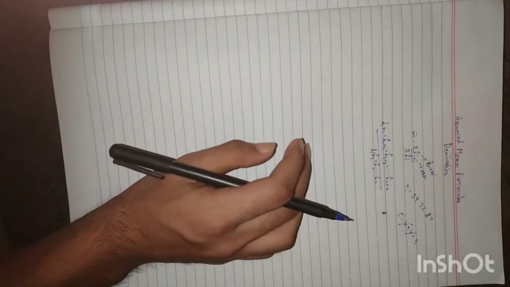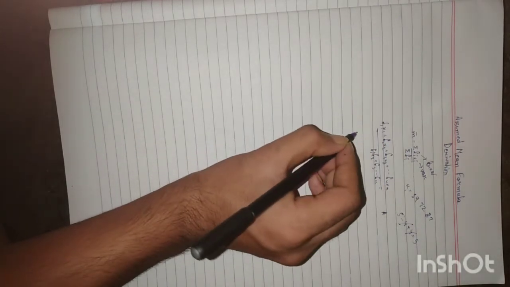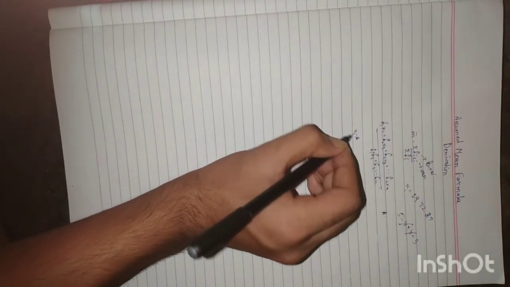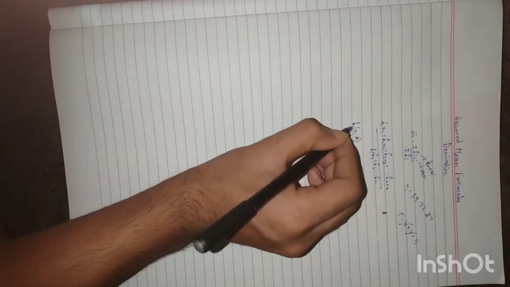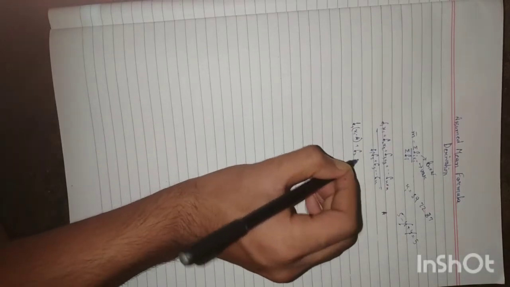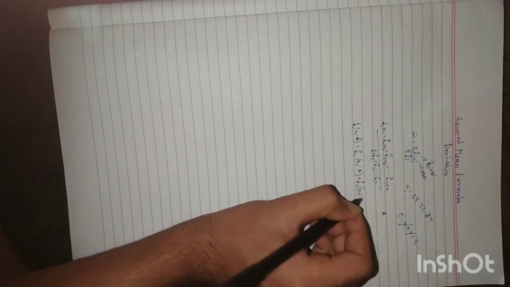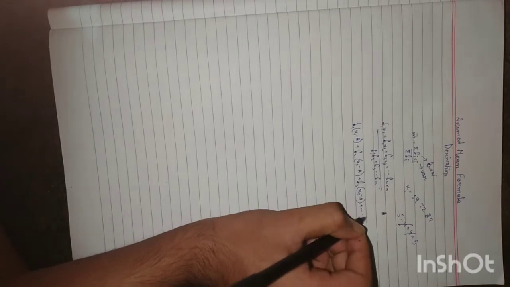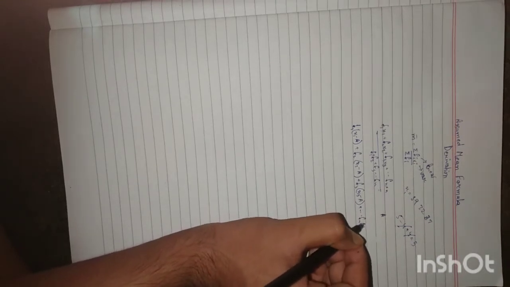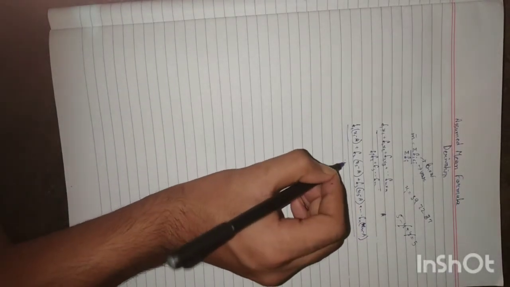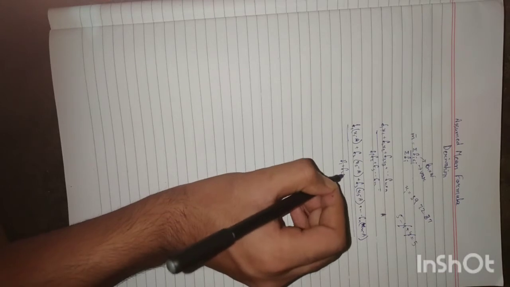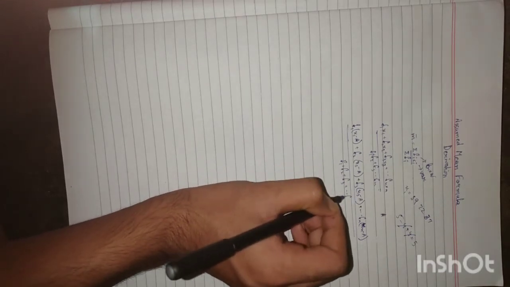So f1 into x1 minus a, plus f2 into x2 minus a, plus f3 into x3 minus a, plus fn into xn minus a, and from here we divide this by f1 plus f2 plus f3 plus fn.